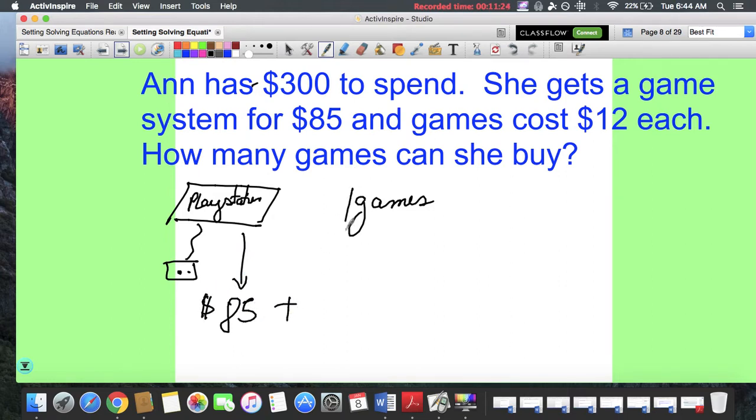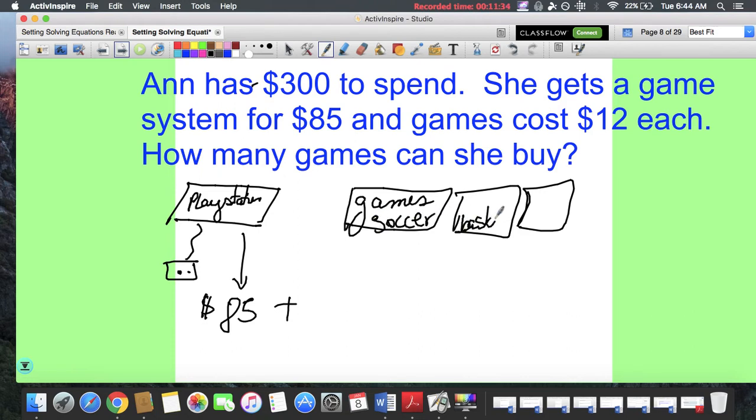Plus, she wants to buy games. Soccer game, basketball game, I don't know, volleyball game. So many games she wants to buy. Okay, so how much money does she have?